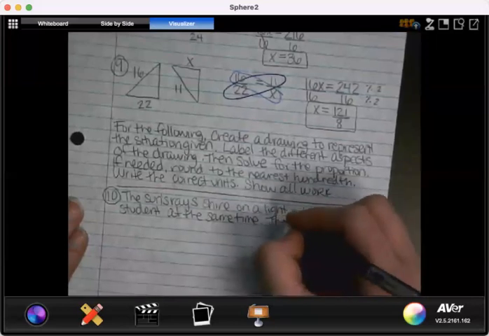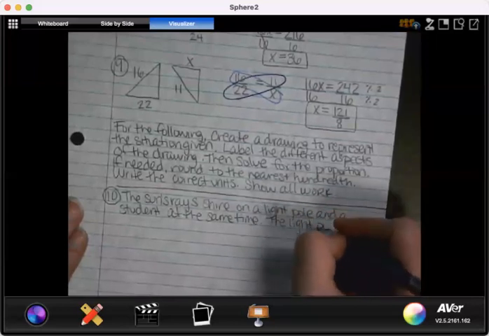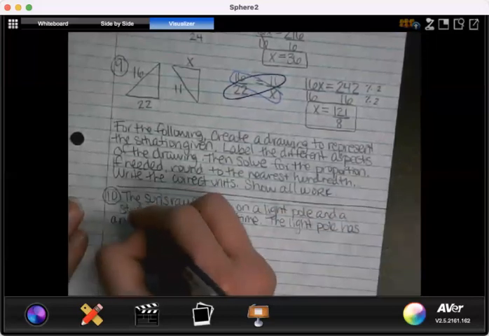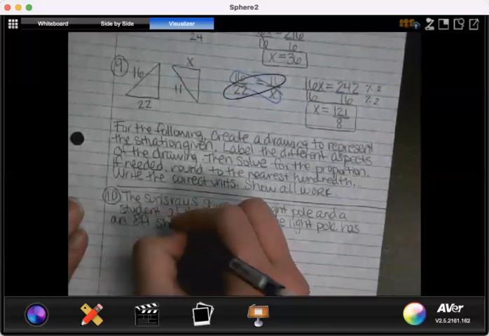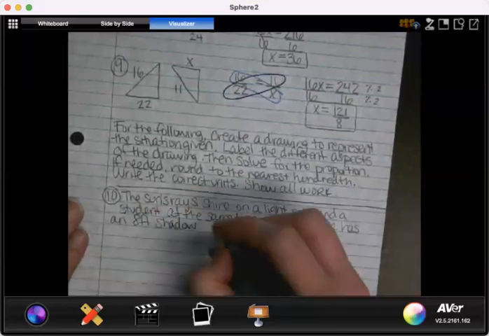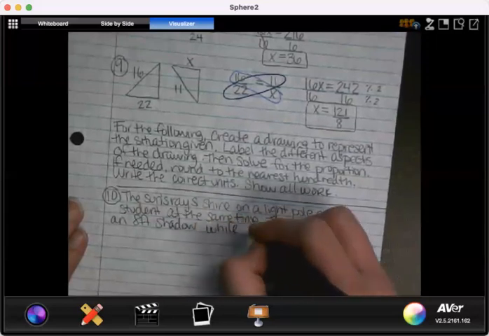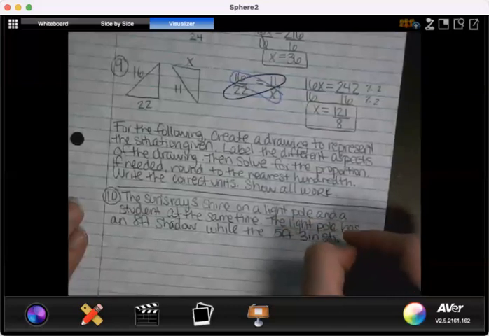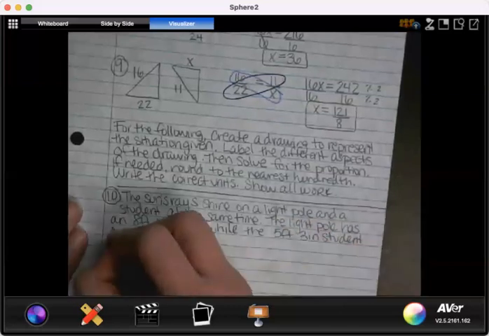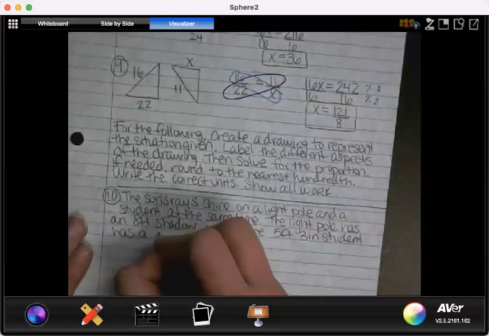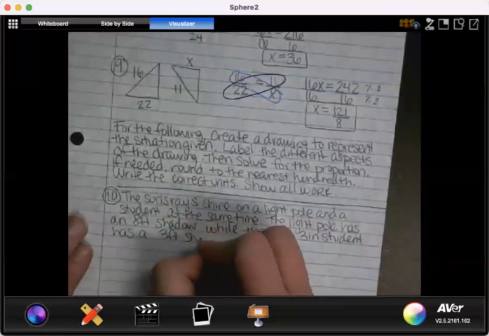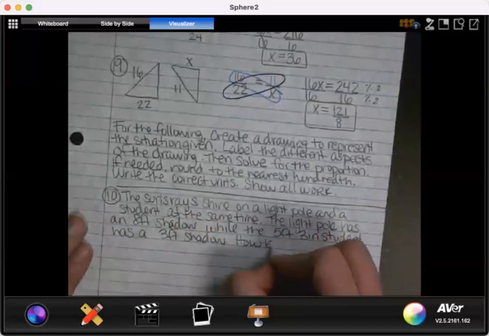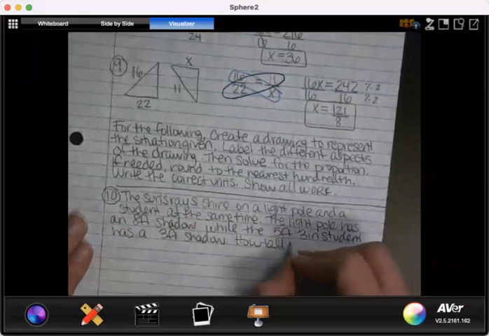The light pole has an 8-foot shadow, while the 5-foot 3-inch student has a 3-foot shadow. How tall is the light pole?